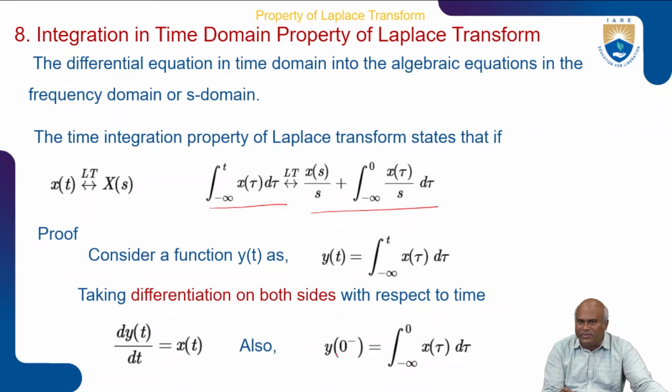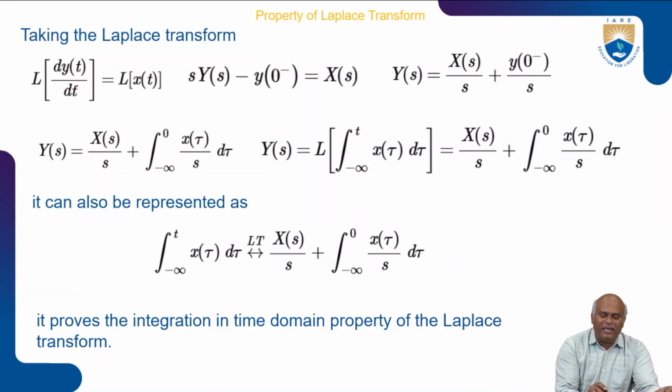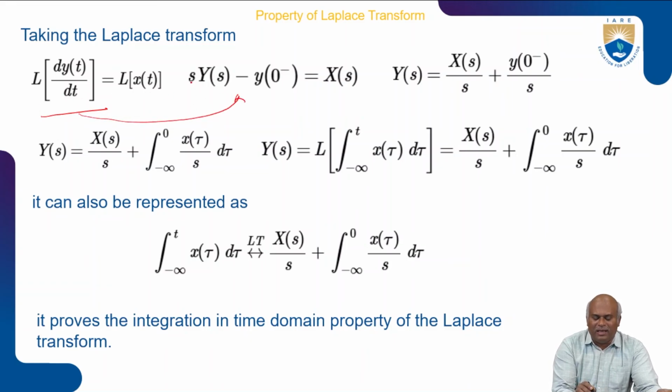Also y of 0 minus is equal to the integration from minus infinity to 0 of x of tau d tau. Then taking the Laplace transform of d by dt y of t with the differential property, what will we get? The Laplace transform of x of t we represent as x of s. For the first differentiation, s y of s minus y of 0 minus is equal to the Laplace transform x of t, which is x of s.